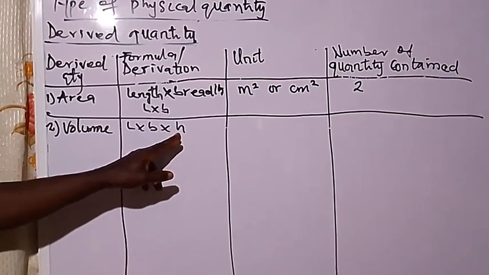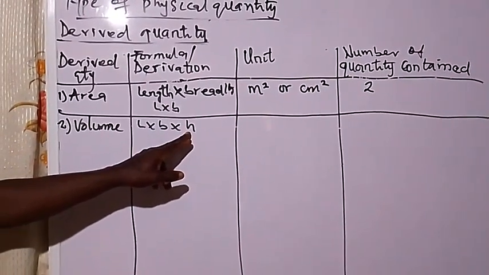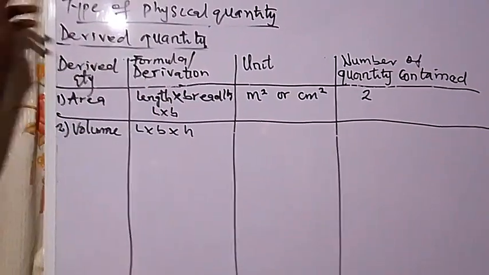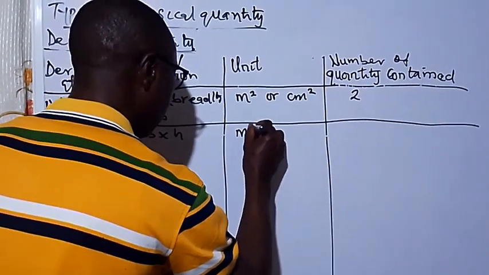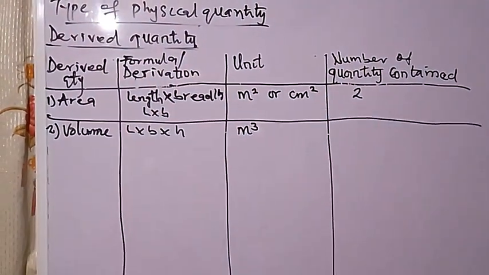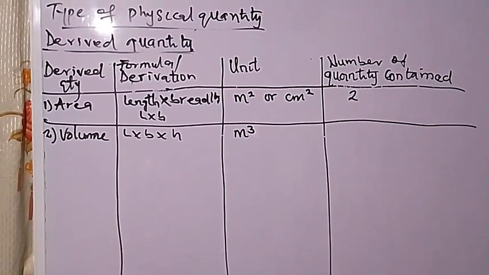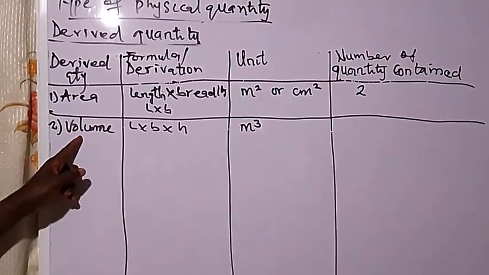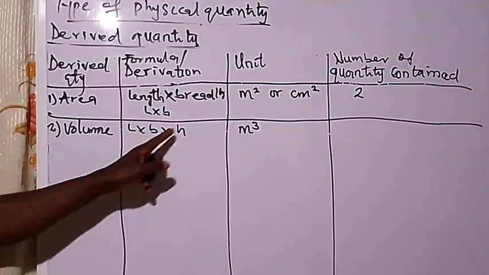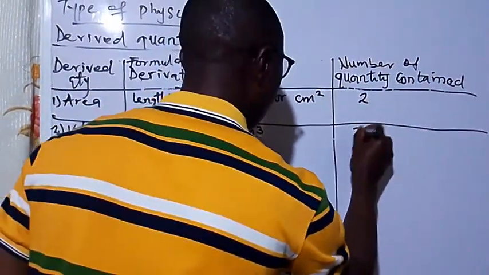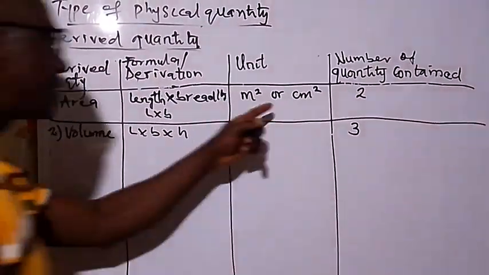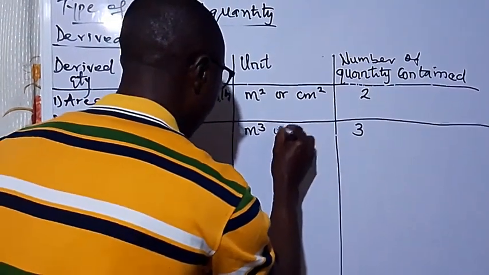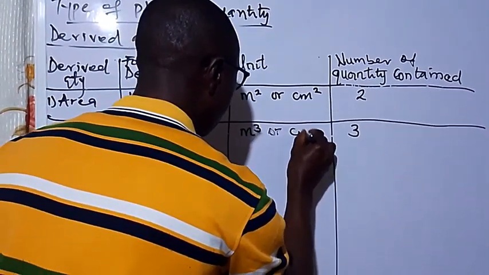Height is also another fundamental quantity, so the unit is also related to length. So this will be meter cube. Counting the number of quantities that volume contains, that will be 1, 2, 3, making 3 quantities. Or as I said, you can take it as centimeter cube.